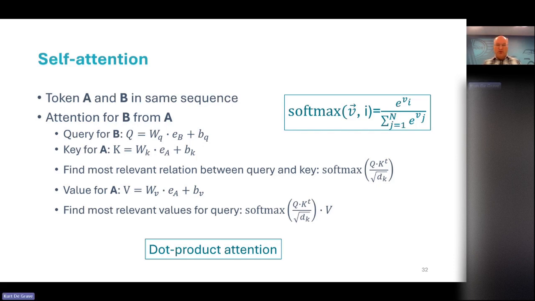And then we multiply those factors and we take the softmax for all tokens. Voila.